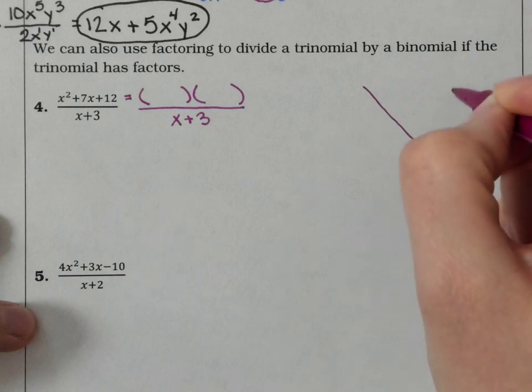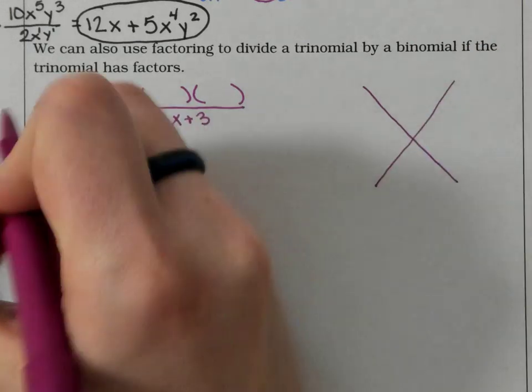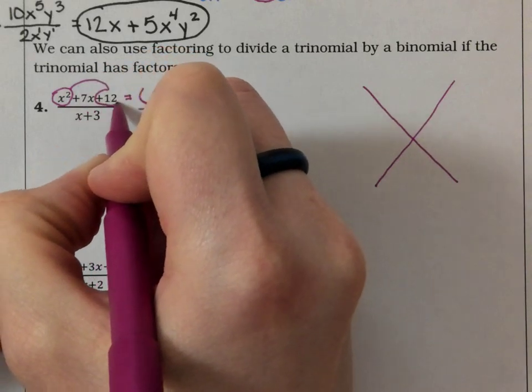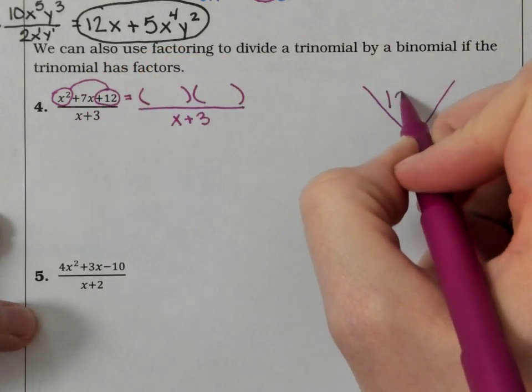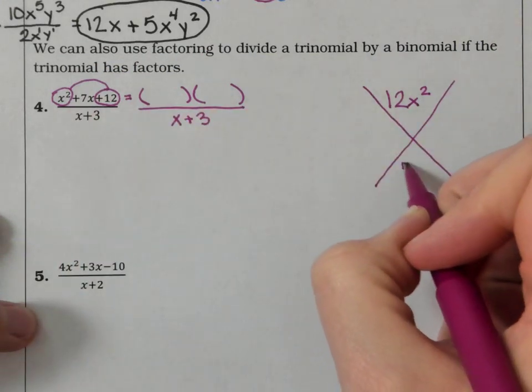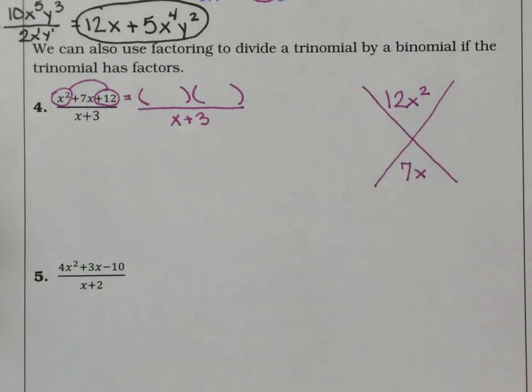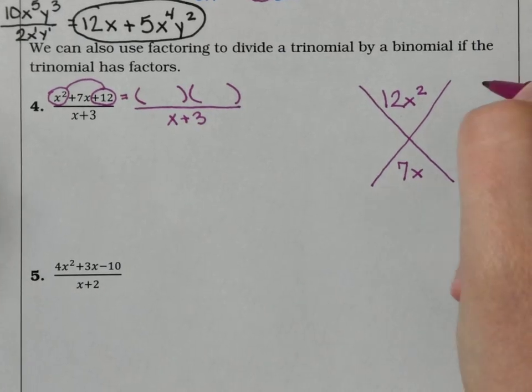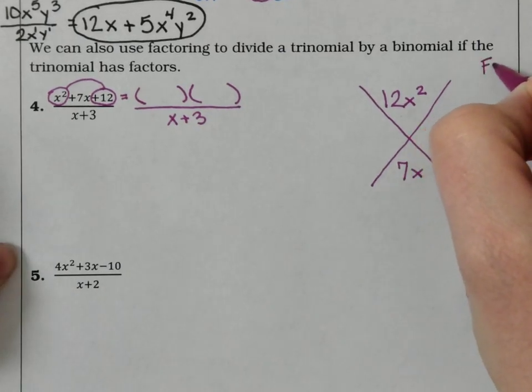Draw your magic X. And I'm factoring the top. So that means I take the first term times the last term, which gives me 12x squared. And the middle term goes to the bottom. So here I need to find factors of 12 that add to 7.